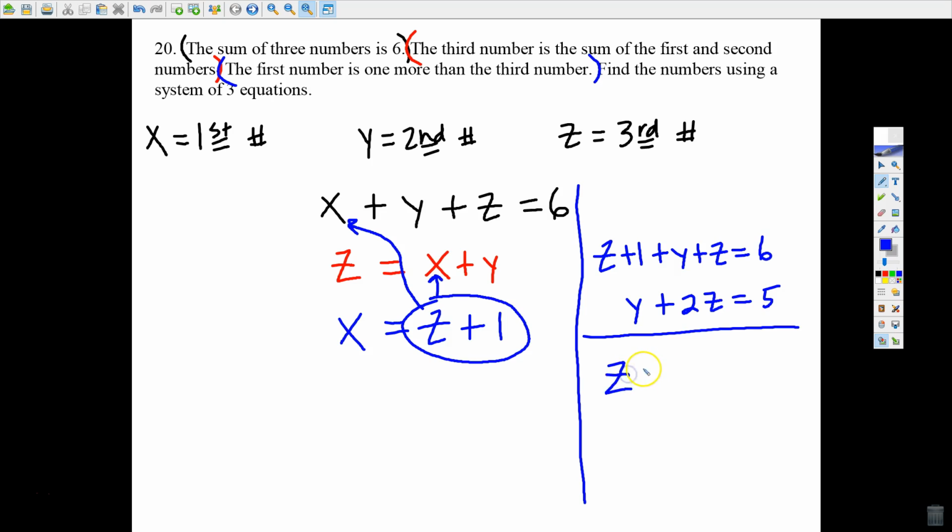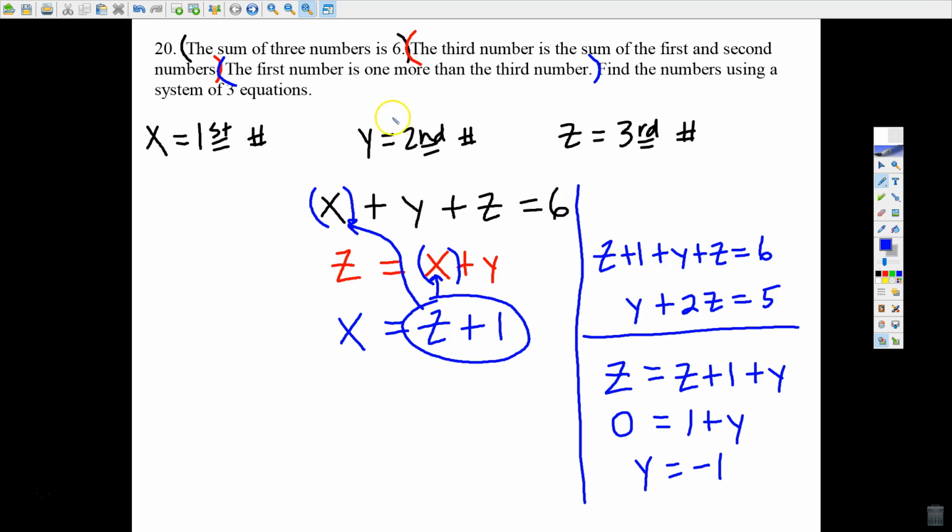So z equals z plus 1 plus y. I replaced x here, and we already replaced x up here. Well, the z's are going to cancel when I subtract. z minus z is 0. And when I solve for y, I'm going to get y is negative 1.